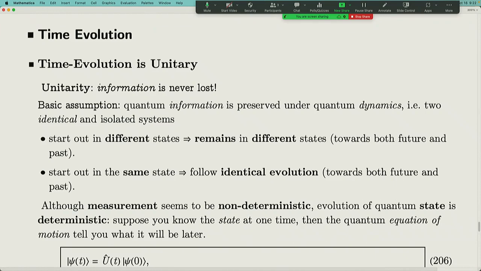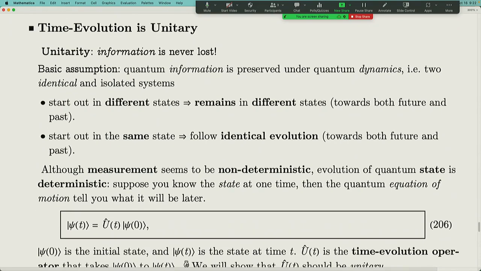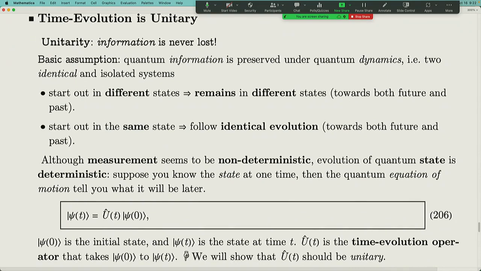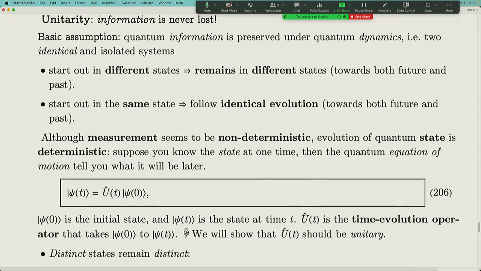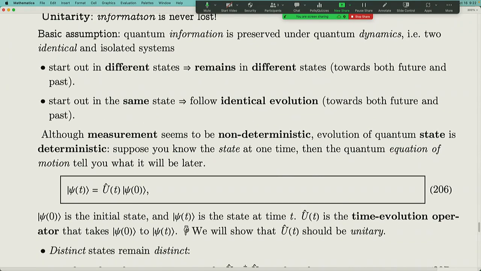The fact that it can be evolved into different states means that you have something that you don't know about the state. It seems that the state is the same at the beginning, but it's secretly actually different, maybe. So if you really know that the state is identical, then they should follow the identical evolution. So it is such a simple principle: information is never lost or added.